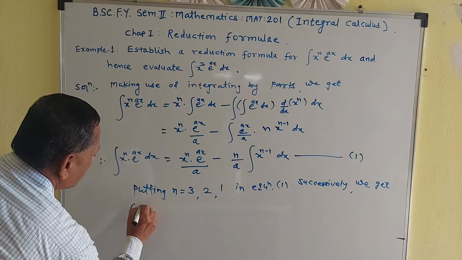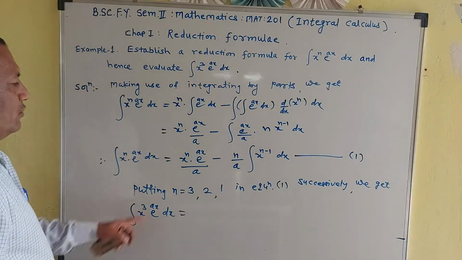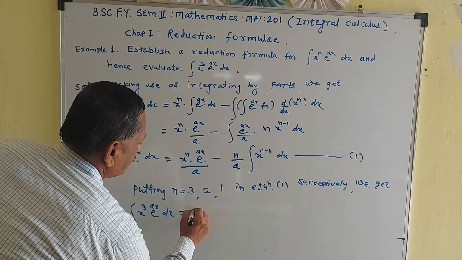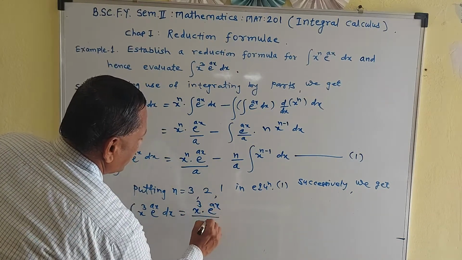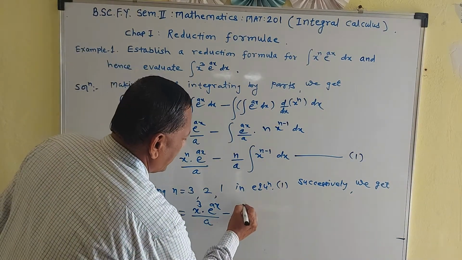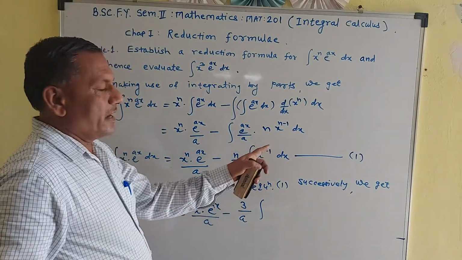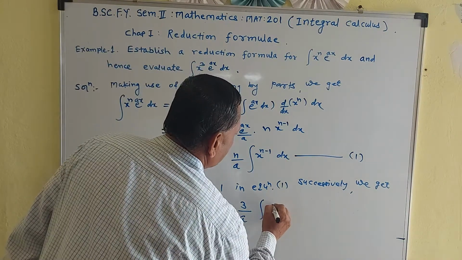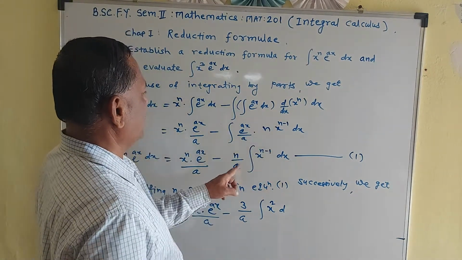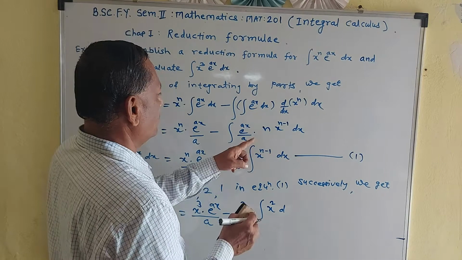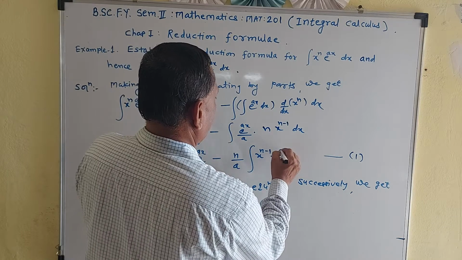The integration of x cube into e raised to ax dx is equal to, you substitute n is equal to 3, means x raised to 3 into e raised to ax upon a minus, n is equal to 3, means 3 upon a into the integration of x raised to 3 minus 1, that means x square, into e raised to ax dx.